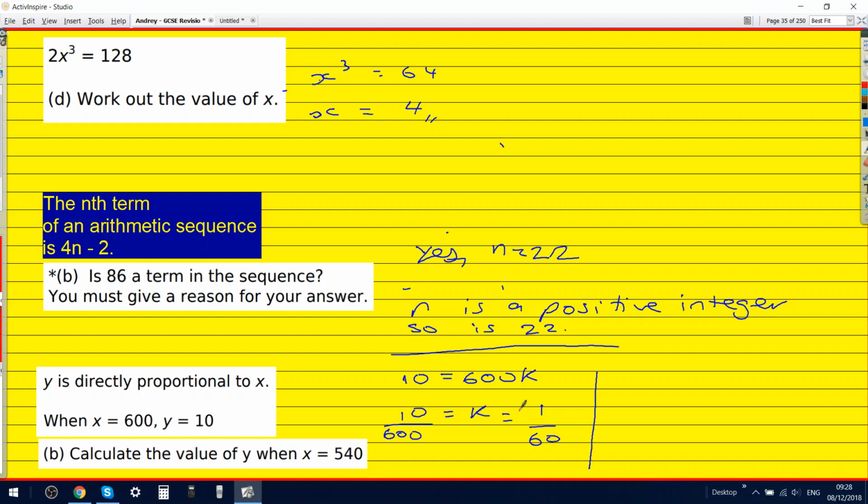And then the next one. Calculate the value of y when x equals 540. So in y equals kx, I do 540 times 1 over 60. And that's the answer.